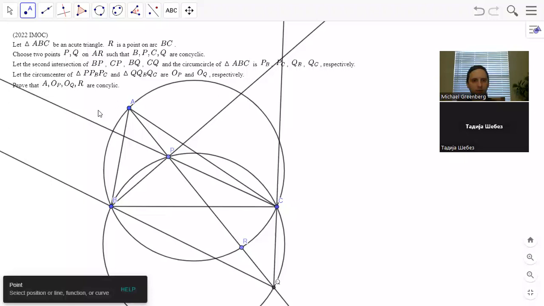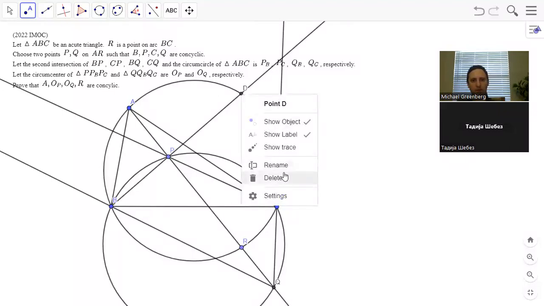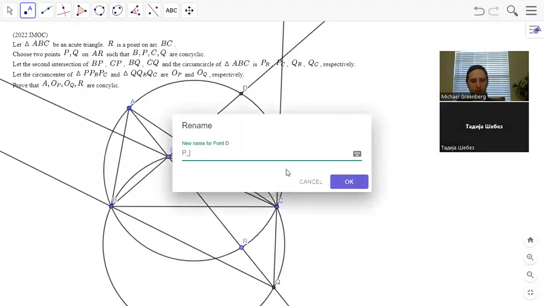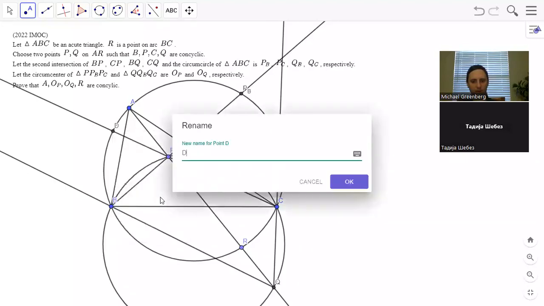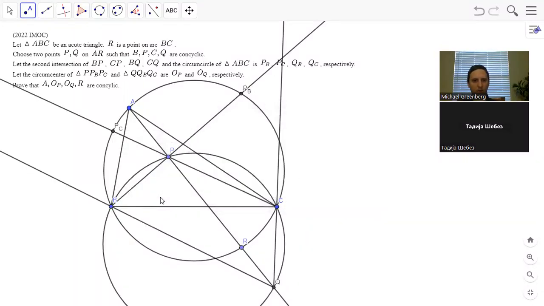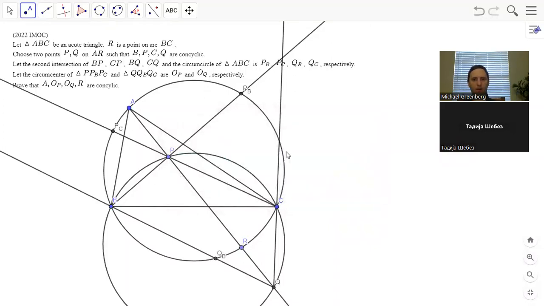So those points, this is PB, this is PC, and then we have QB and QC.